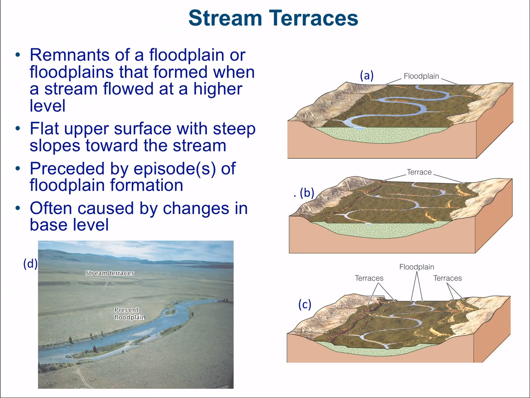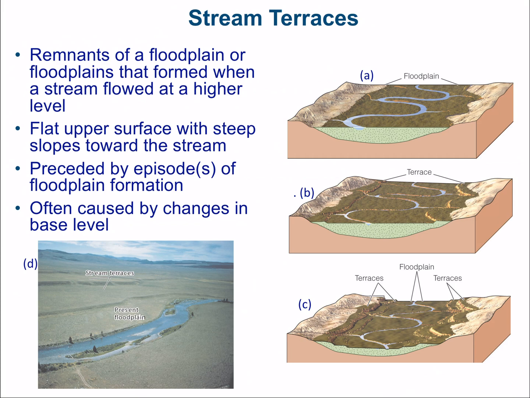Some other features we see are what's known as a stream terrace. A terrace is a pretty flat area. A stream terrace would be a remnant of a floodplain that formed higher up when that stream flowed at a higher level.